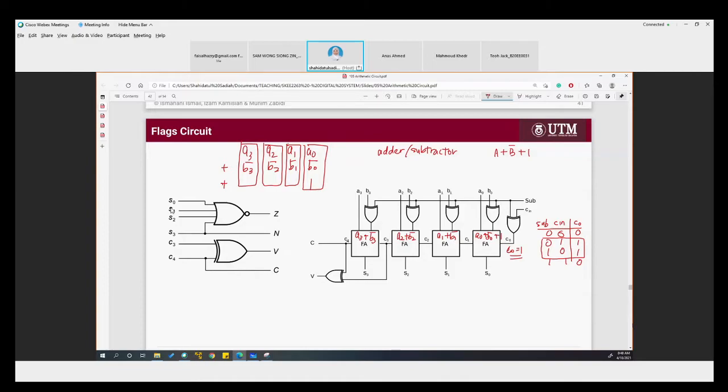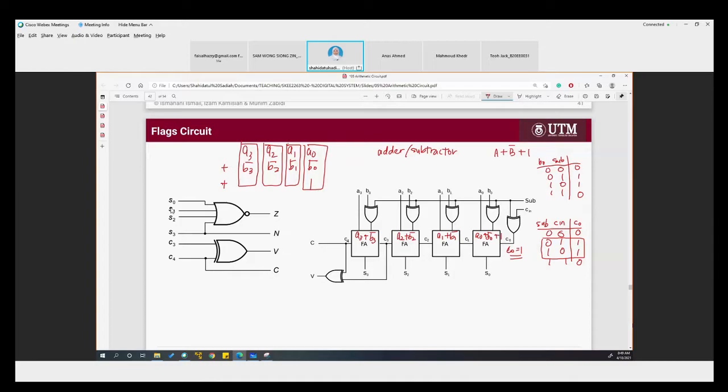Okay, but we also have to see the B0 and C is connected with XOR. So if you want to perform a subtraction, this B must be flipped.